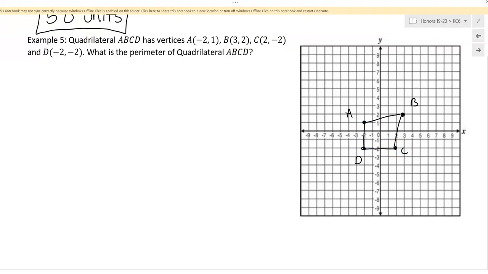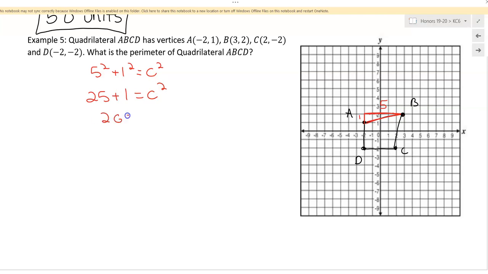So I'll start by going from A to B, right? Or using that AB. The x distance is here. That's 1, 2, 3, 4, 5. My y distance is here. It's 1. So I have 5 squared plus 1 squared equals c squared. 5 squared is 25 plus 1.